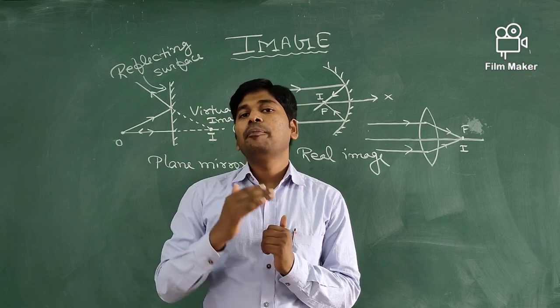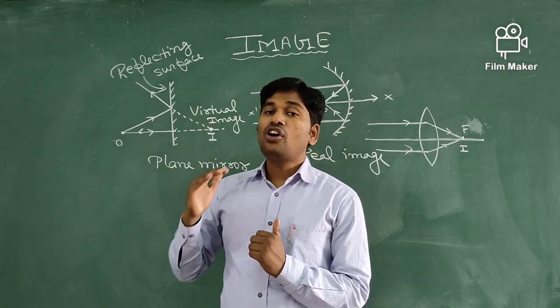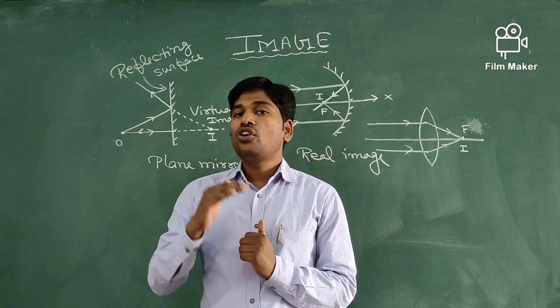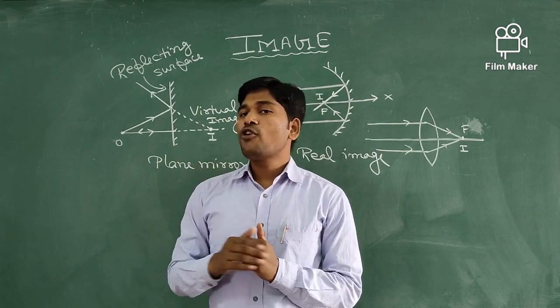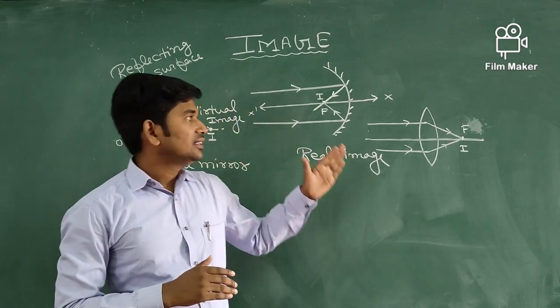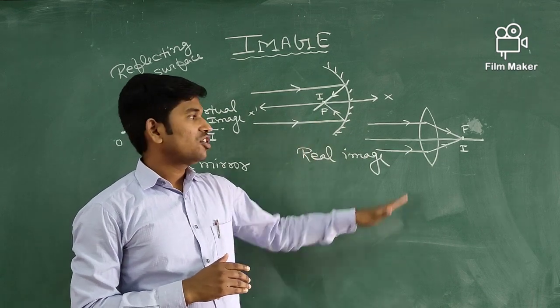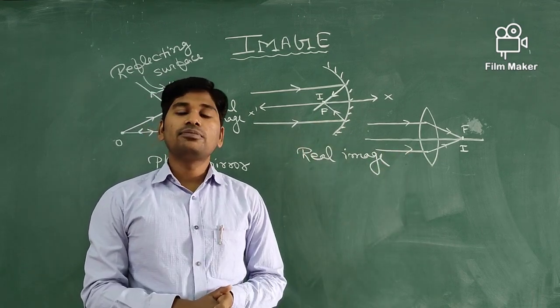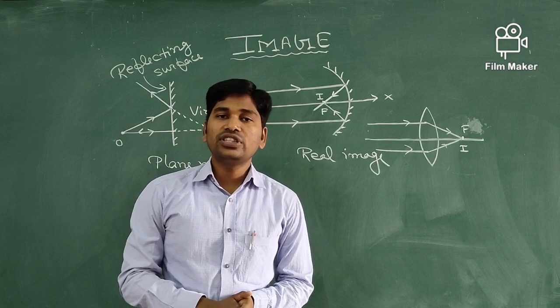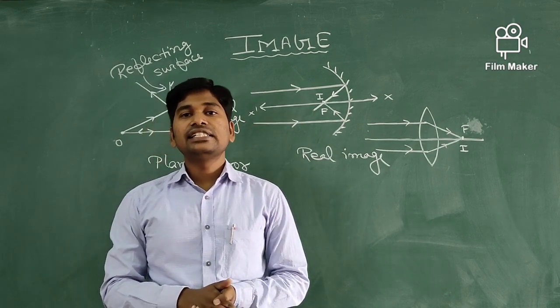For example, a plane mirror forms a virtual image, a convex mirror forms a virtual image, a concave mirror forms a real image, and a convex lens forms a real image. So this is about image and its types.